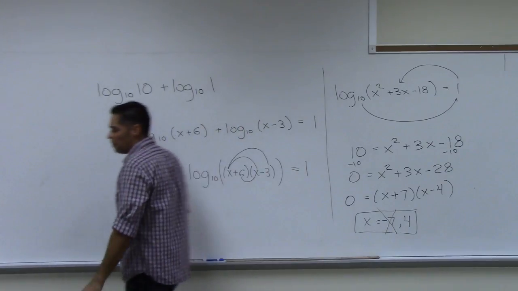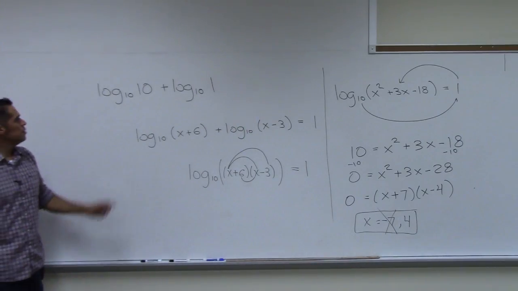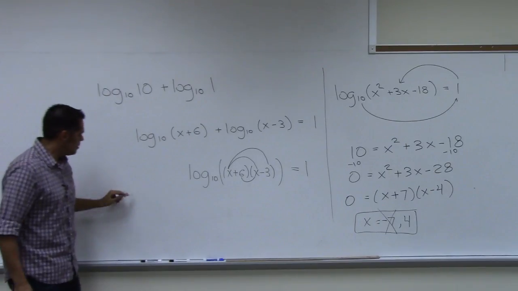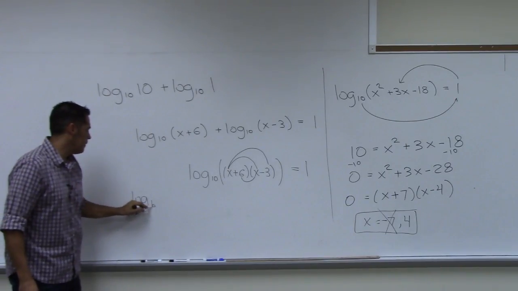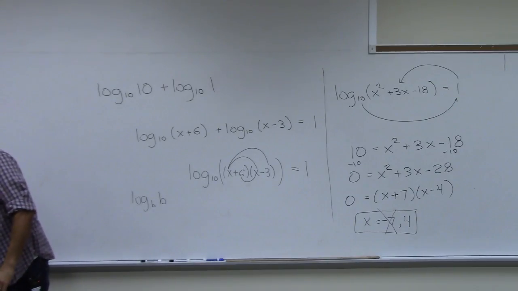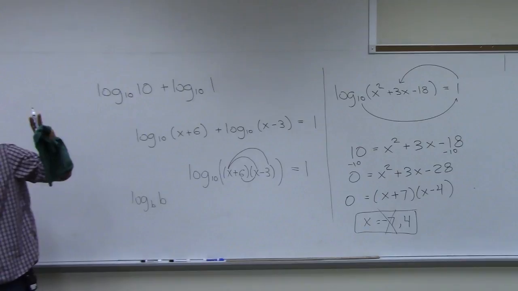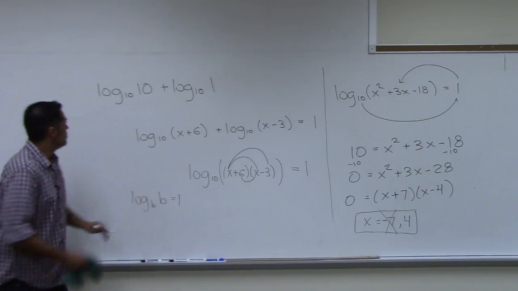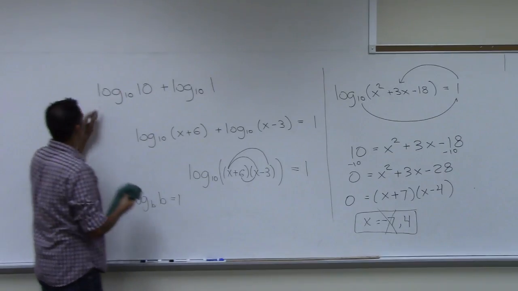Okay. So from last class, do you remember what log base 10 of 10 is? What's log base b of b? This was property 2. It's itself. It's just 1. Log base b of b is 1. So if I have 10 and 10 here, this is just 1, isn't it?